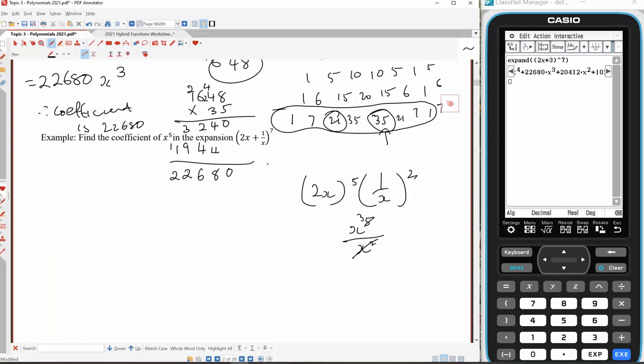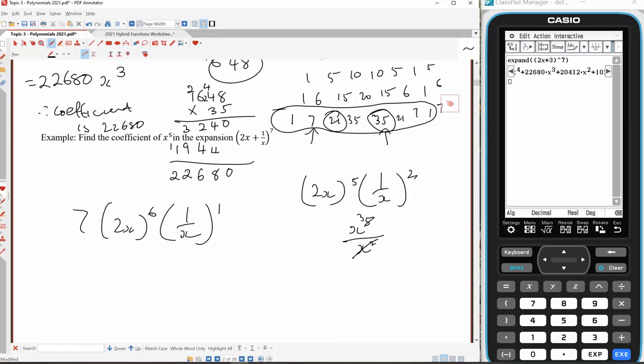Now let me explain. No, it's not actually. I think it's going to be this one. Right, so yeah, it is going to be this one. So 7 is going to be our coefficient. We've got 2x to the 6, 1 on x to the 1. Right, now how did I know that?